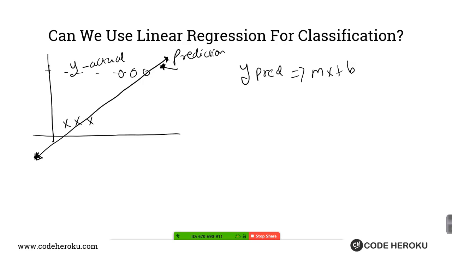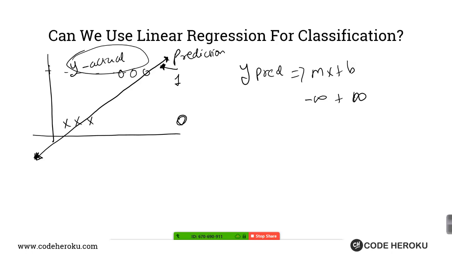So your predictions with linear regression, do you agree that they will go from minus infinity to plus infinity? And what you're trying to do is interpret that in terms of whether it is a 1 or a 0. And that's a challenge over here, because what does having a large number mean? Does that mean it is very close to 1?